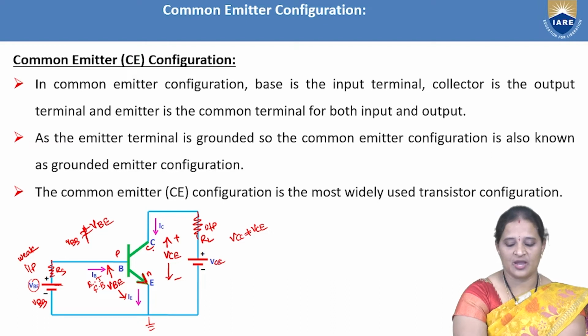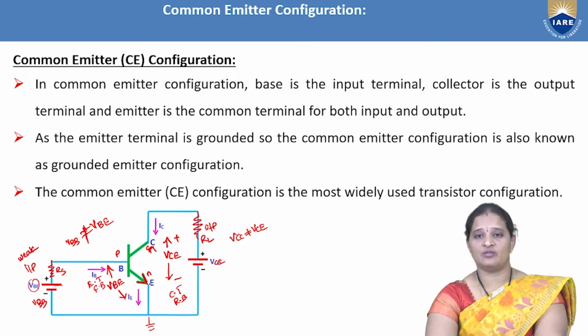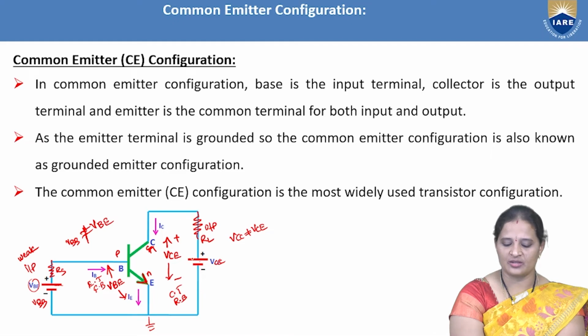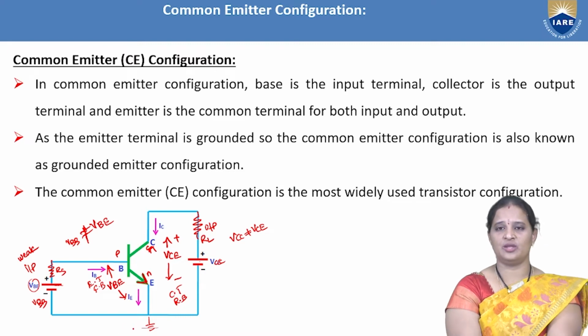Connect the positive terminal of the battery to the collector, which reverse biases the collector junction, and the emitter terminal is connected to the negative terminal. The remaining terminal will be connected to the ground.